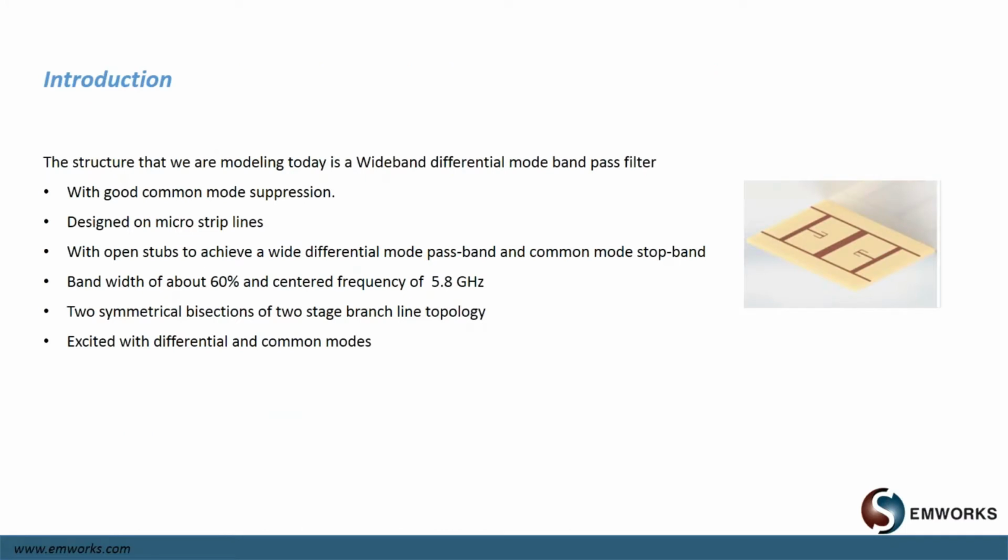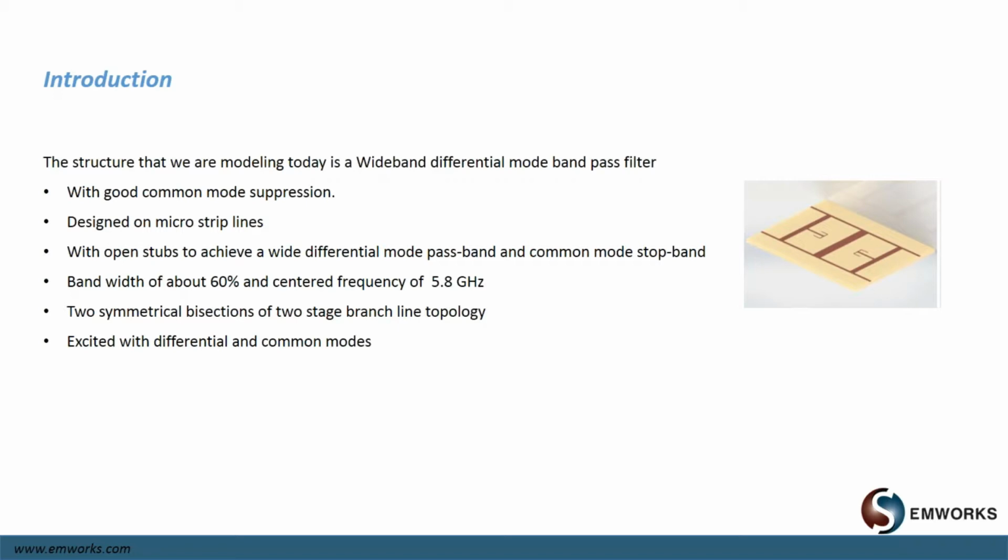In the model that we're presenting today, we're going to talk about a wideband differential mode bandpass filter with good common mode suppression, which is designed on a microstrip line with open stubs to achieve a wide differential mode pass band and common mode stop band, of course.